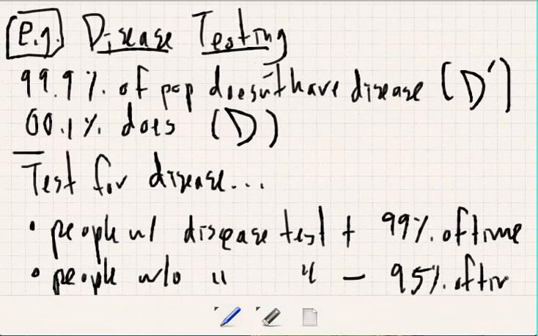Well, that seems pretty good. 99% of the time the test is right for people who have it, and 95% of the time it's right for people who don't have it.